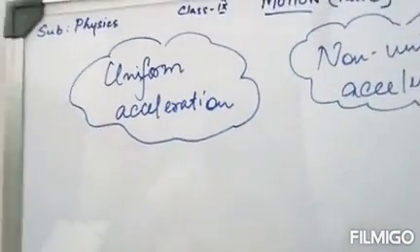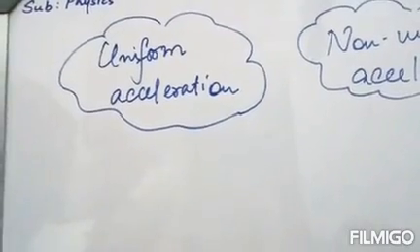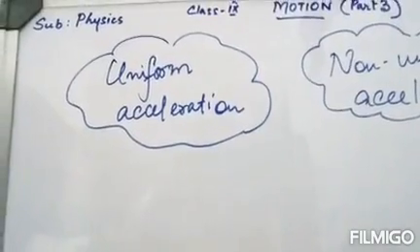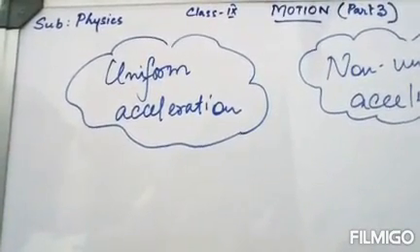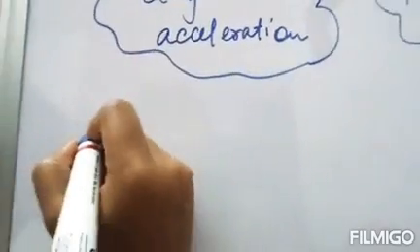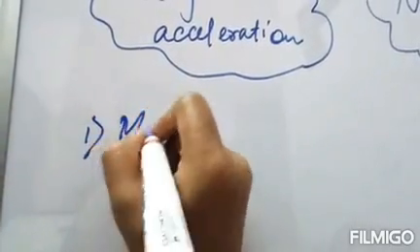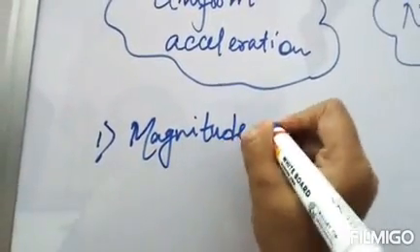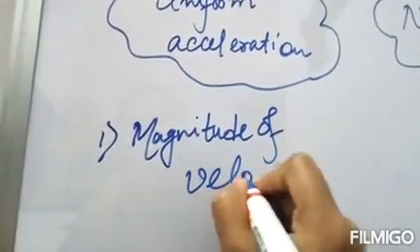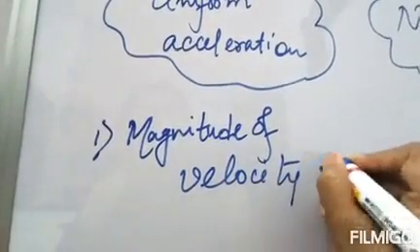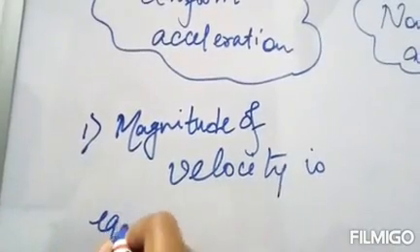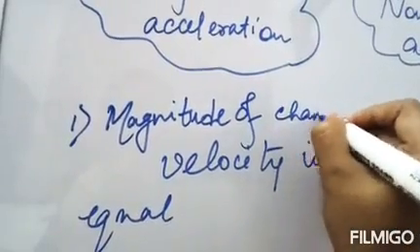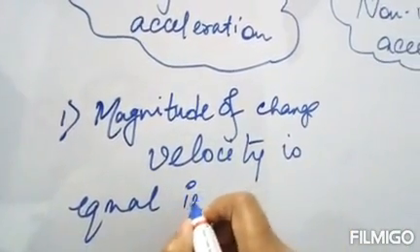Uniform acceleration means the change of the magnitude of the velocity is equal in equal intervals of time. So the magnitude of change of velocity is equal in equal interval of time.